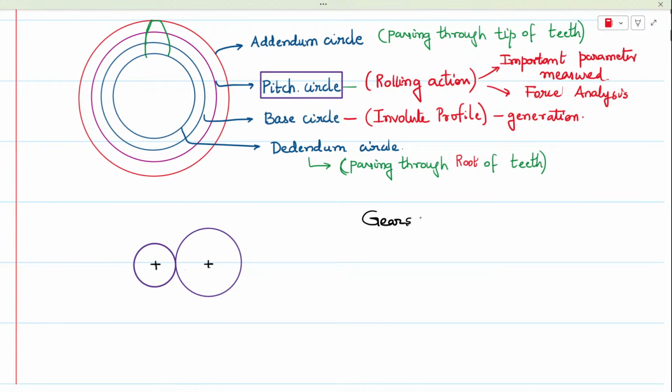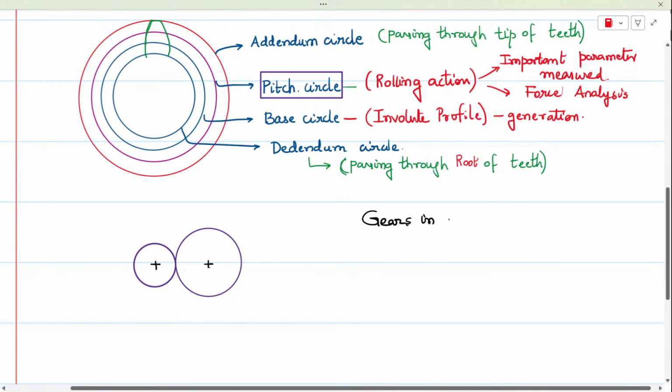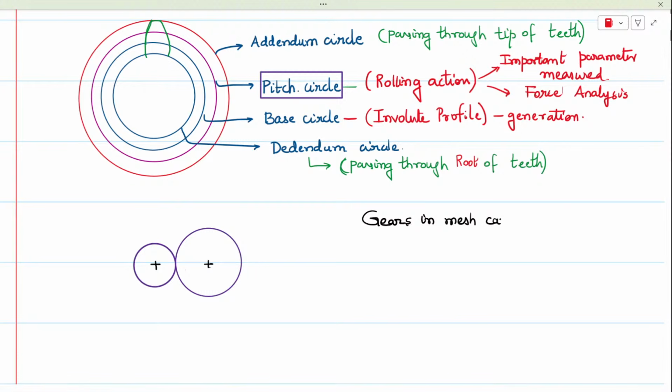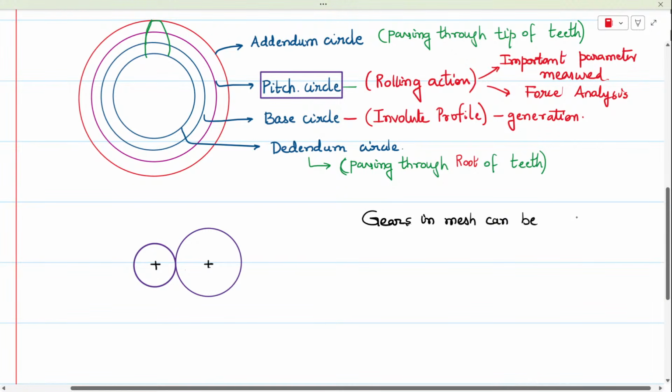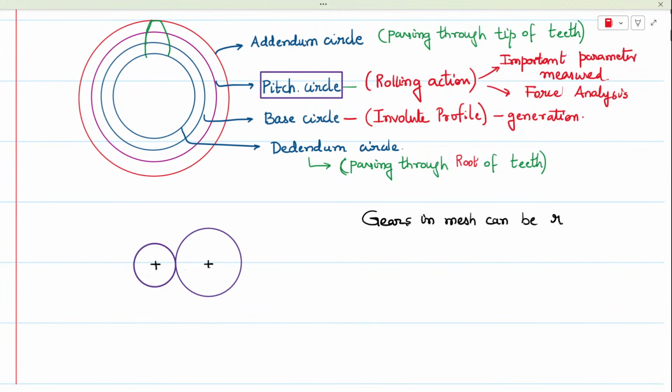Gears in mesh can be represented by pitch circles touching each other.